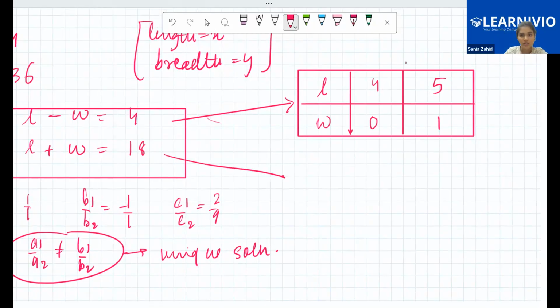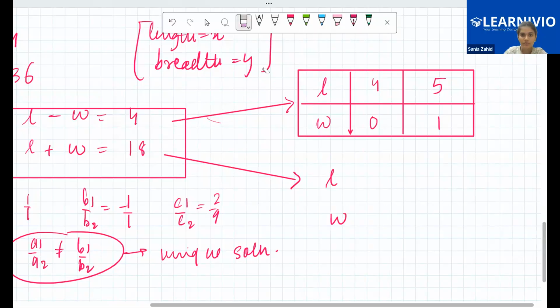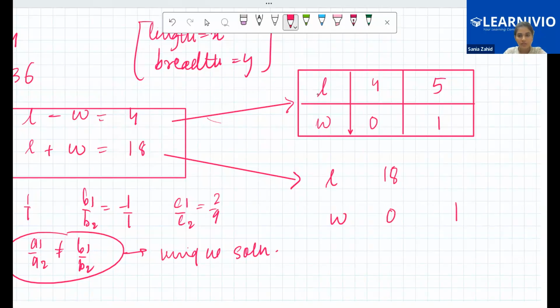And for the second equation, when W is 0, L is 18 only, and when W is 1, it becomes equal to 17.